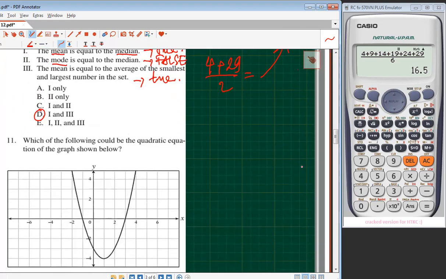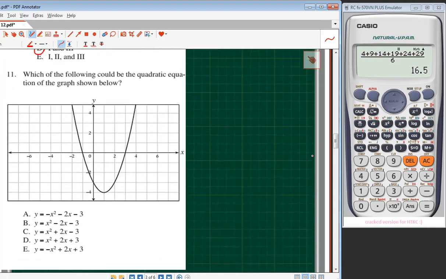The next question is question 11. Which of the following could be the quadratic equation of the graph shown below? We can see that the parabola is opening upward, so we just choose the options that have a positive coefficient before the x square.